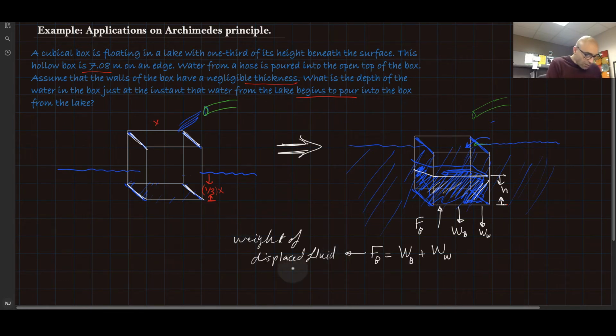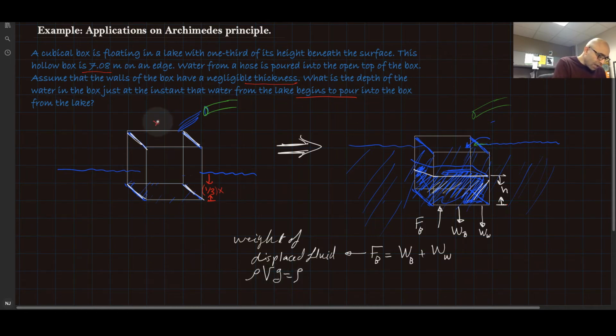The displaced fluid is the water, because when the box is submerged, water is being displaced. So it's equal to the mass of the water times gravity, and the mass of the water is the density of the water times the volume of water displaced.